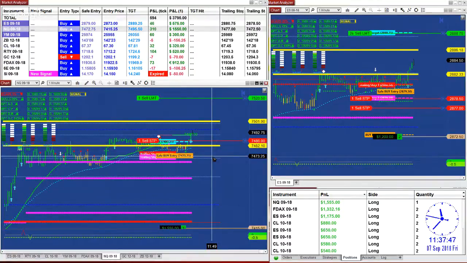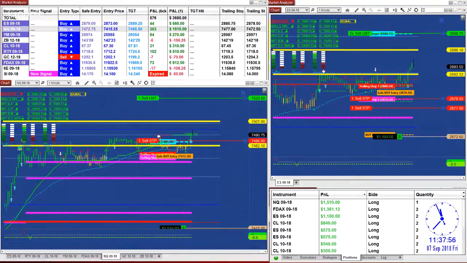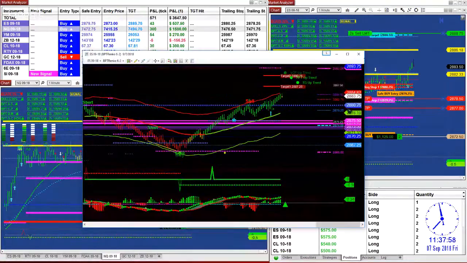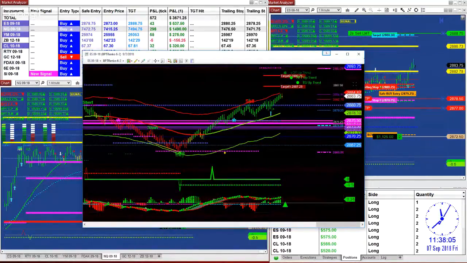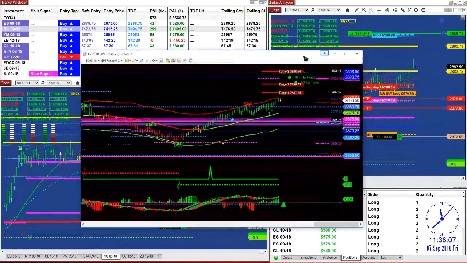So right now it is right on the clock. It's 11:37 and it's 87.25, the first target, and the second target.